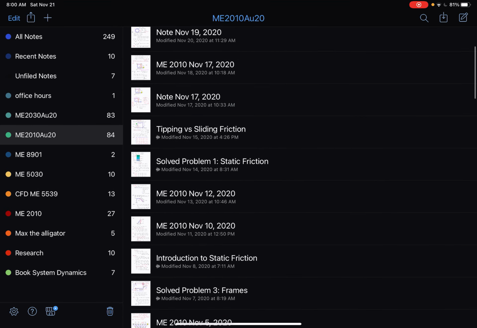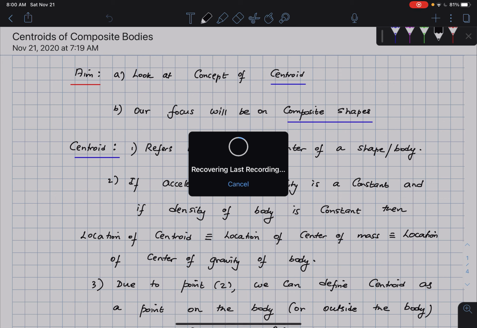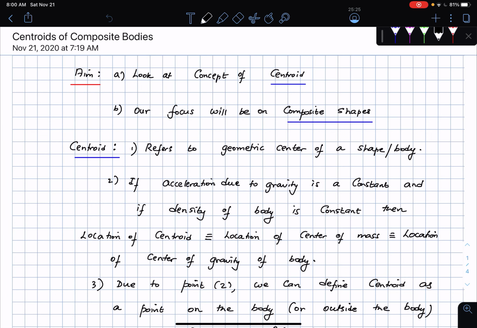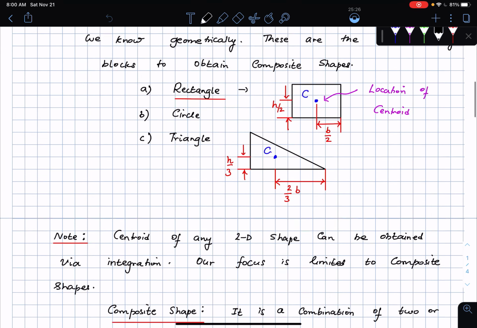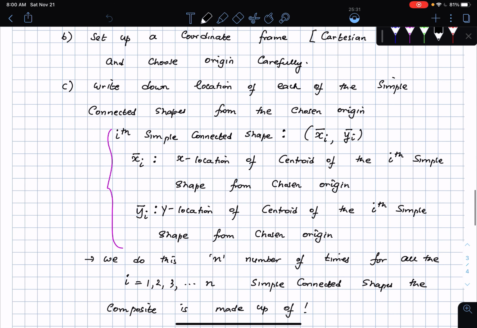Sometimes this happens where suddenly my Notability disappears, and I'm assuming my last recording is being recovered, so I hope this doesn't affect all the work that I've been doing so far. It looks like it's getting done. All right, fantastic. I'm going to continue from here. Sorry, I'm back again. There was a mild crash there. This goes for the people who look at my Notability files.